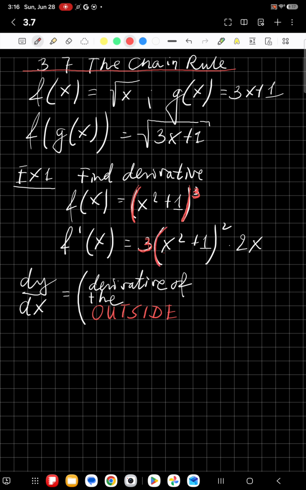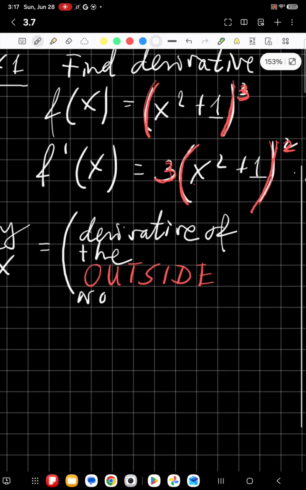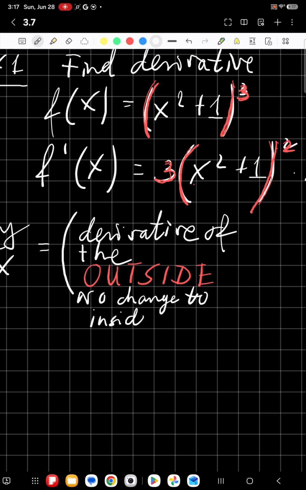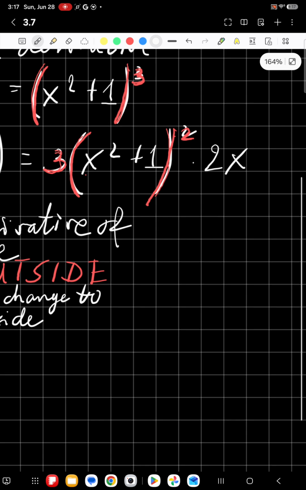So the derivative of the outside. And you see that the inside didn't change. So let's write: no change to inside.